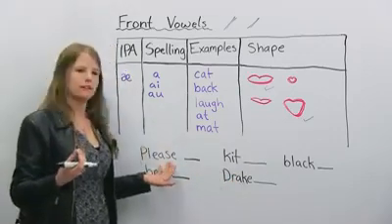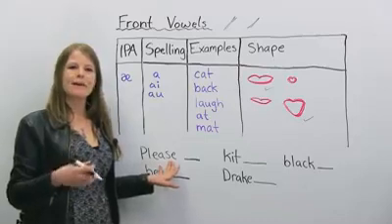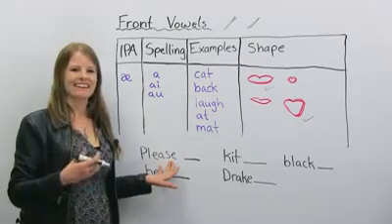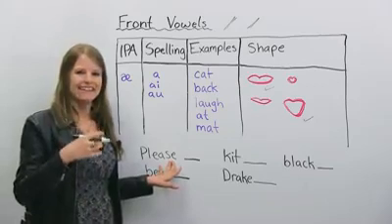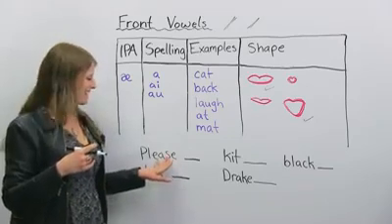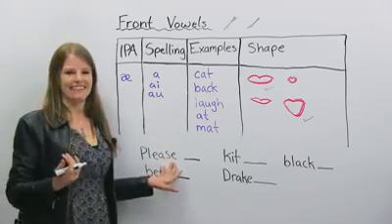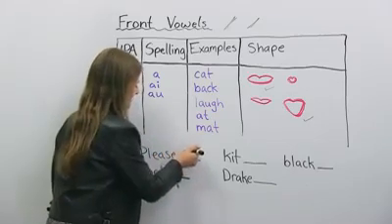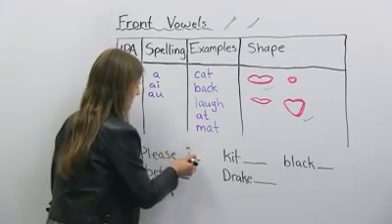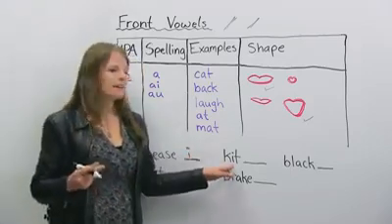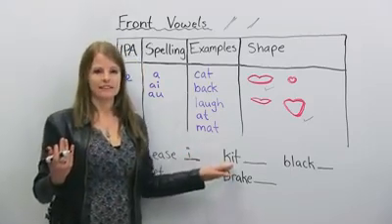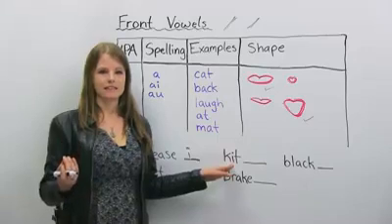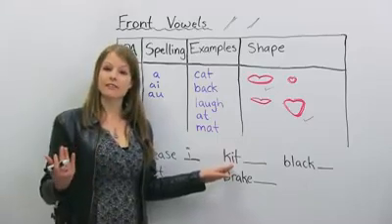Let's look at the first word. Please, please. I have a smile at the end. Please. So this has the E sound. Now let's look at this one. Kit. So it's a shorter sound.